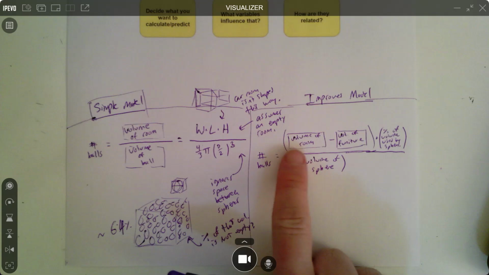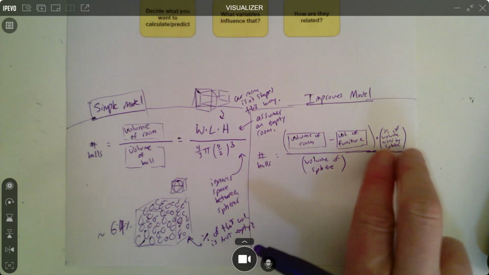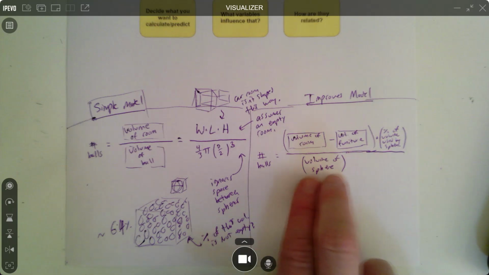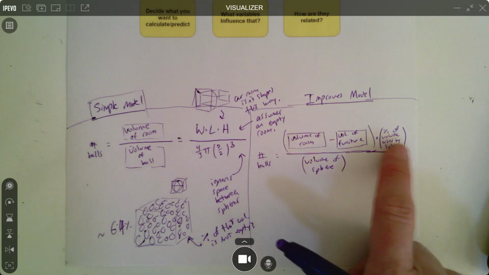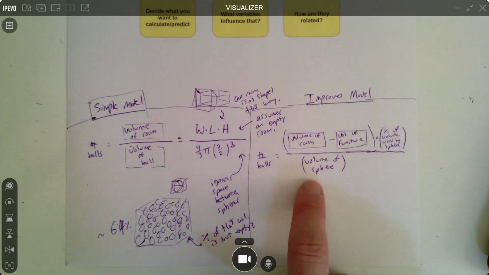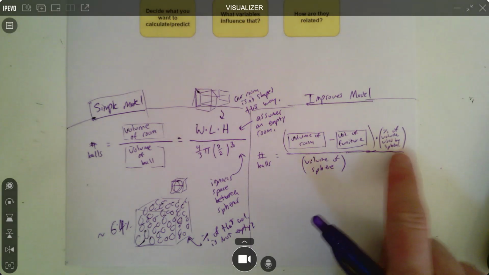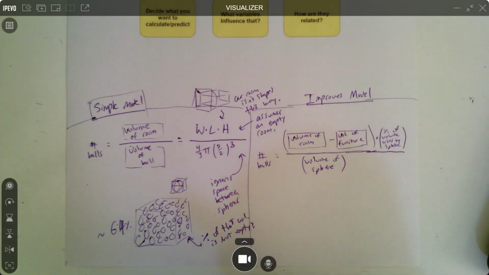Because if I'm not using my full volume for spheres, I don't want to divide my full volume by the volume of a sphere to find how many. I only want to divide the volume that's actually full of spheres by the volume of a sphere to figure out how many. So this could be a term that's a percentage that would make my estimate more accurate.